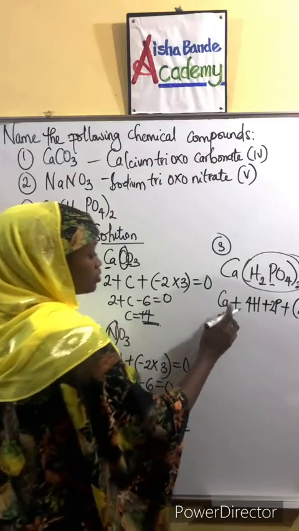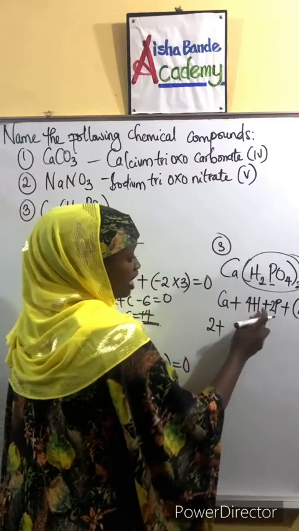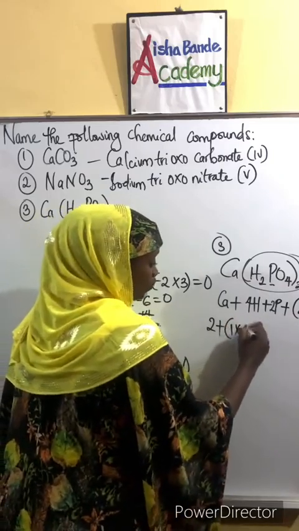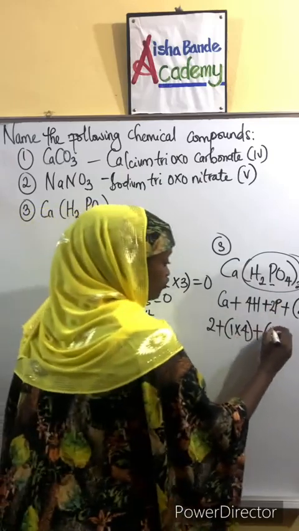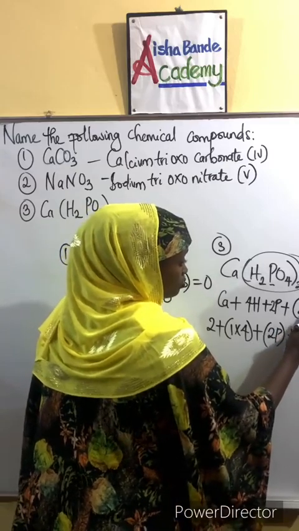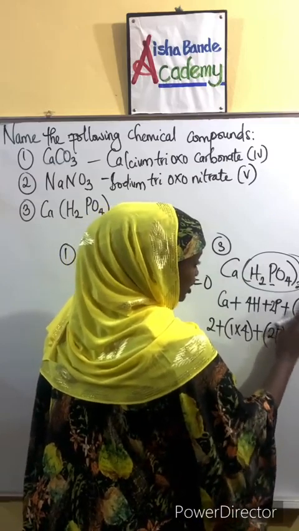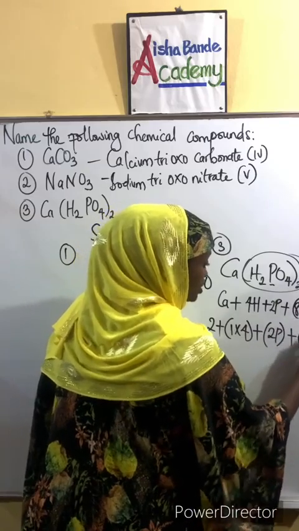So the oxidation number of calcium is +2. So we have 2 plus hydrogen, whose oxidation number is 1, so 1 times this 4, plus now we have to look for the oxidation number of phosphorus, but phosphorus is 2P here, plus the oxidation number of oxygen, where oxygen here is 8O.